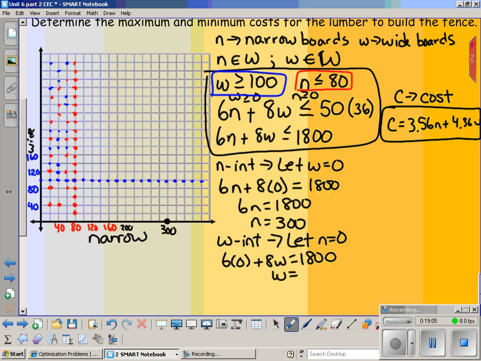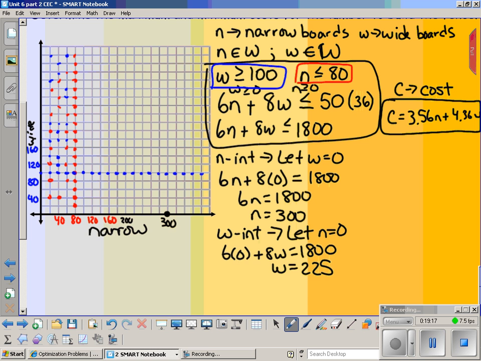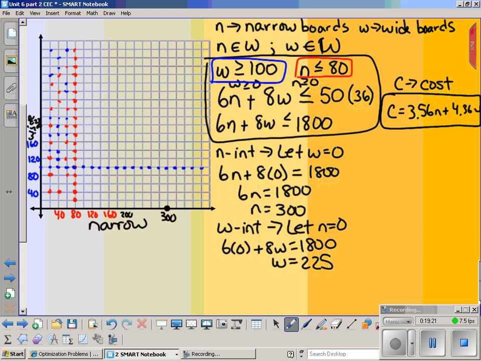So w equals 225. 180, 200 is right here, 220, 240. So 225 is right in about here. And we join our intercepts.